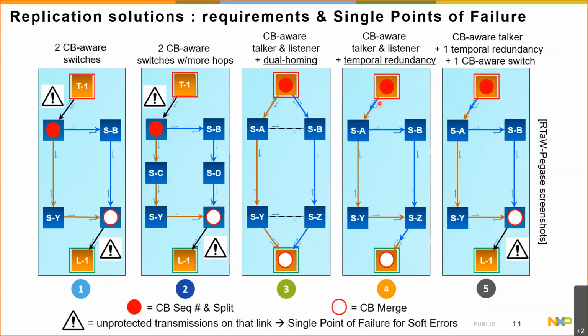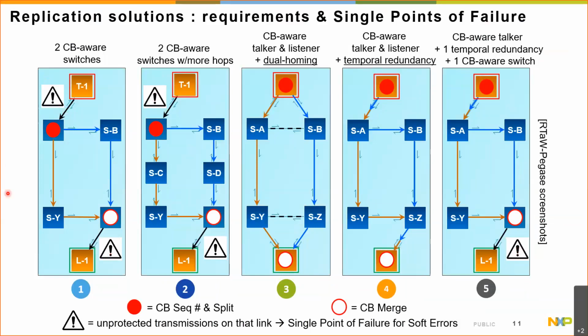Some of them have one or several single points of failure, that is, links over which transmissions are not protected at all. Those links are indicated on the slide by the small danger icons. So we see that solutions 1 and 2 have 2 unprotected transmissions, solution 5 has 1, while 3 and 4 do not have any such single points of failure.